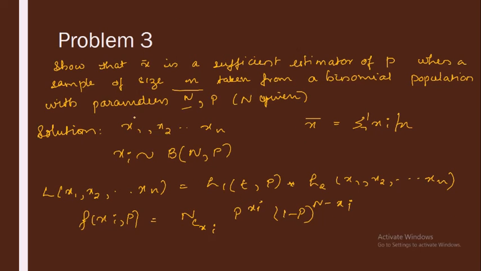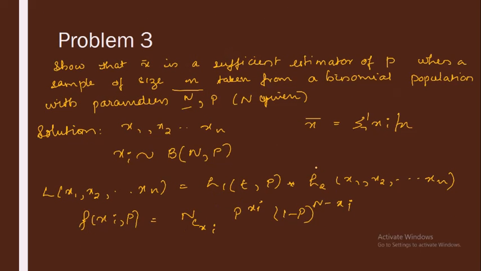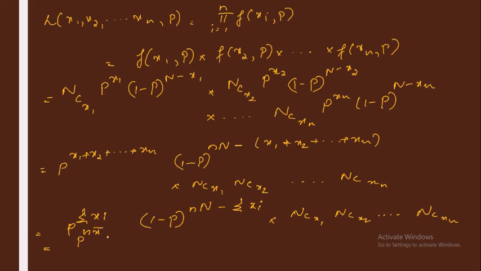You have to find out whether x bar is a sufficient estimator. Now in this it is given as summation xi, so you should rewrite it as n x bar instead of summation xi. That is why I have given a formula of x bar over here. So instead of summation xi, you can write n x bar, multiplied by 1 minus p whole raised to N minus n x bar, multiplied by the other factors.